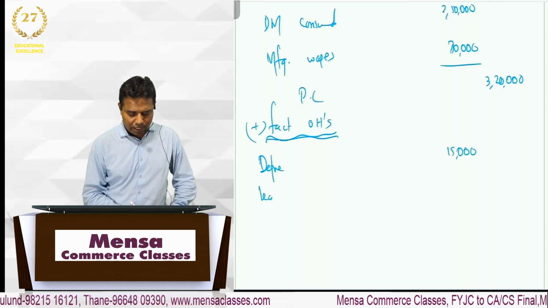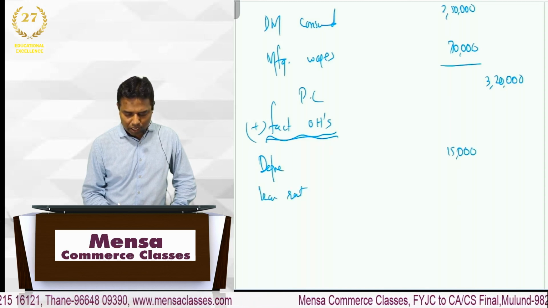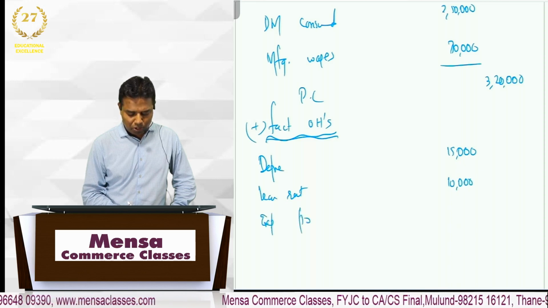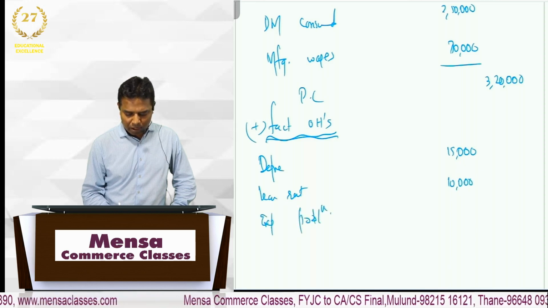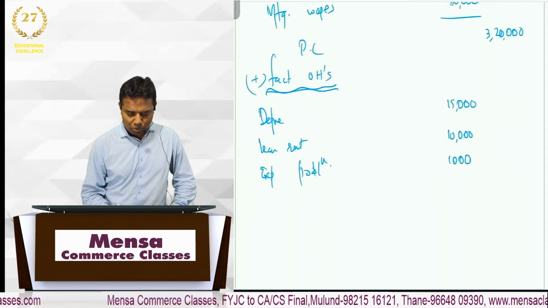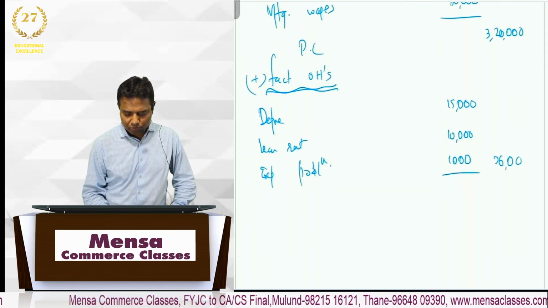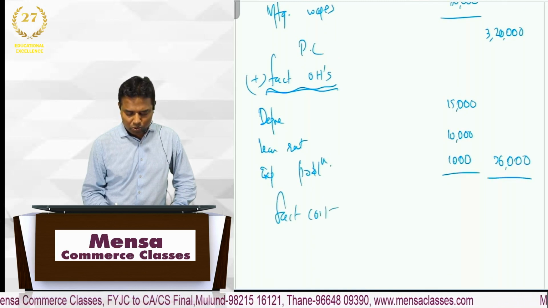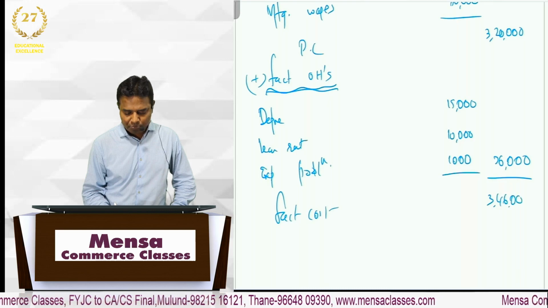Then lease rent for the production asset, 10,000 rupees. Then expenses paid for that pollution control and engineering, that was another 1,000 rupees. So total will come to 26,000. And you will get your factory cost, that will come to 3,46,000.